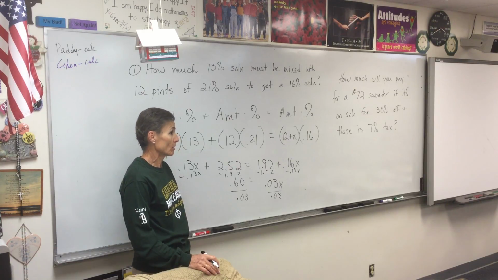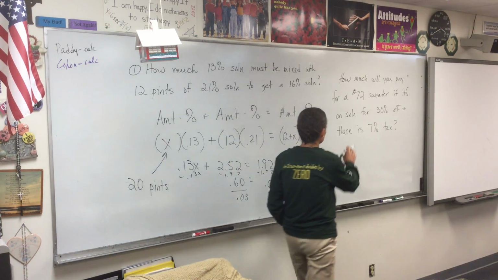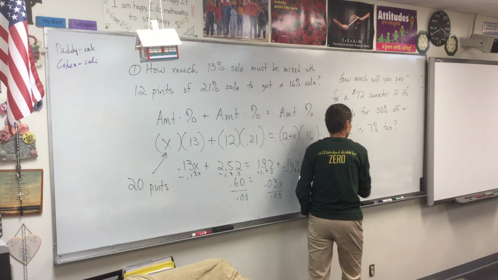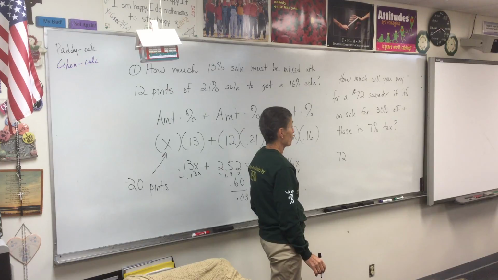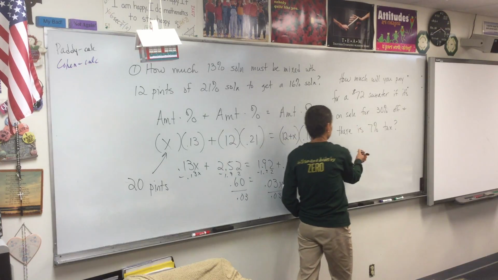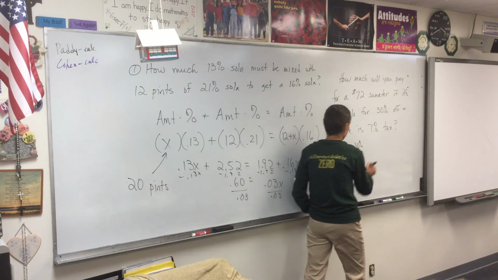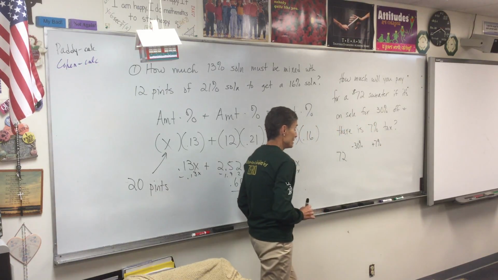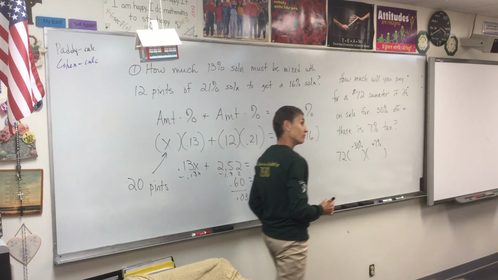We've done these before. Alright, so here we go, we start with 72, that's the number we start with. Now, that 72 is going down 30% and up 7%. Would you agree with that? So we're going to multiply by numbers that reflect that.